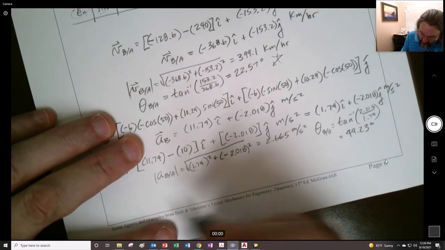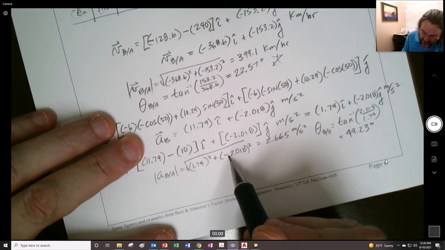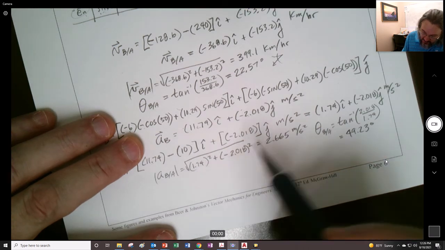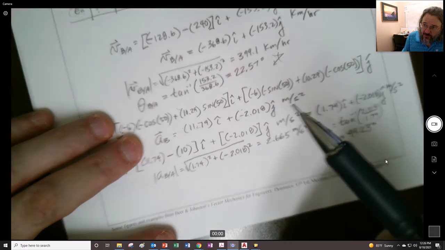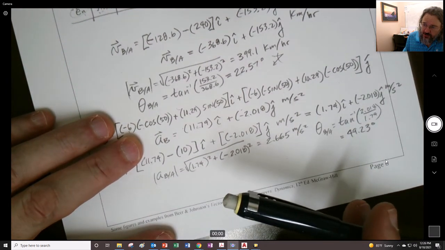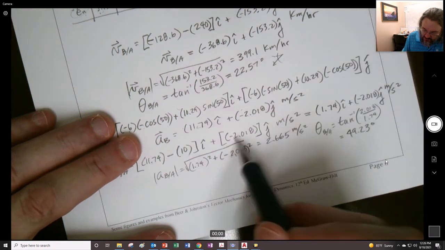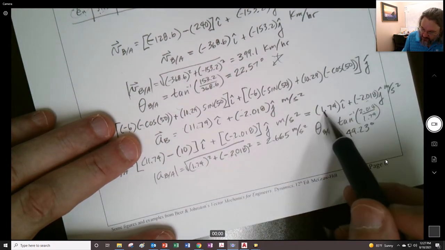So if we want to give the answer now, that one's negative, but that one's positive, so it's going to be down and to the right, right? Down and to the right, because it's going downwards, negative, right here, but it's going to the right there.